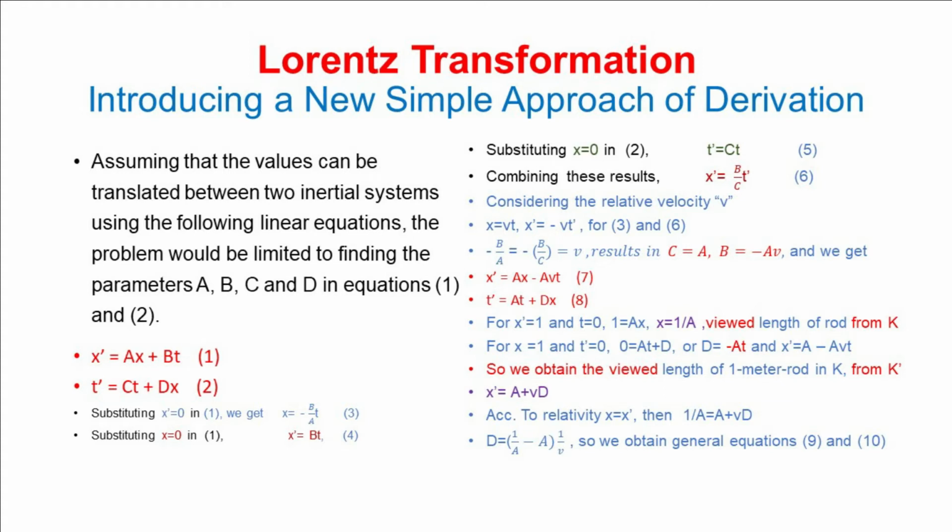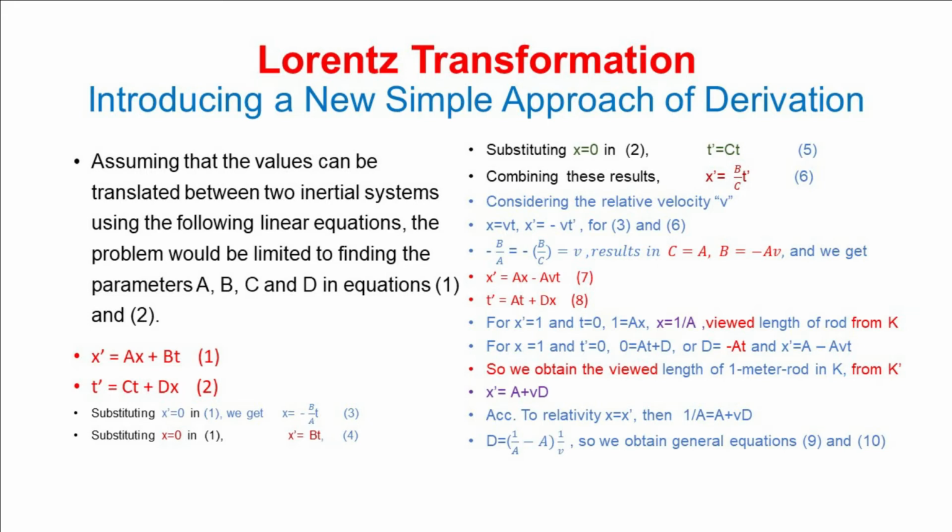Substituting x' equals 0 in equation 1, we get x equals minus b over a times t. Substituting x equals 0 in equation 1, x' equals bt. Substituting x equals 0 in equation 2, t' equals ct.